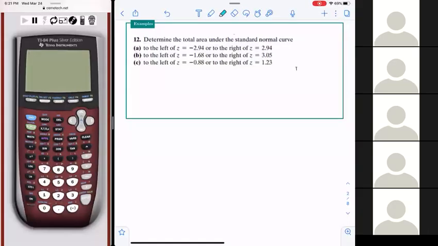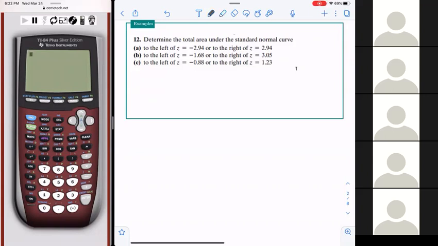So here we have three problems where we want to find the total area under the standard normal curve to the left of negative 2.94 or to the right of positive 2.94. I always suggest that drawing the curve out would help.